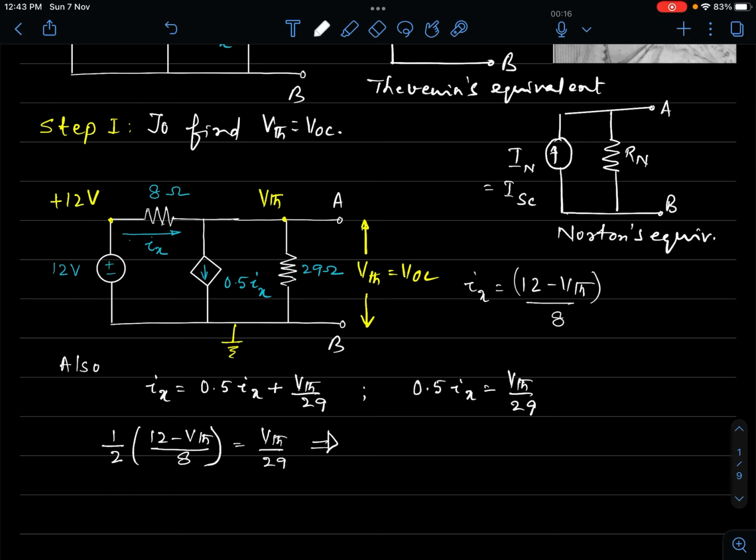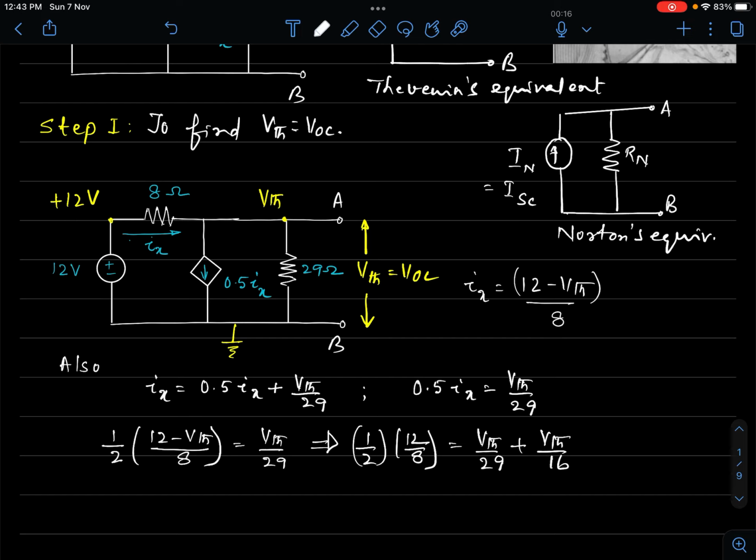I will write this as half into 12 by 8, which is equal to VTH by 29 plus, transferring the other VTH term onto this side, VTH by 16. Okay, so I'm getting this much.